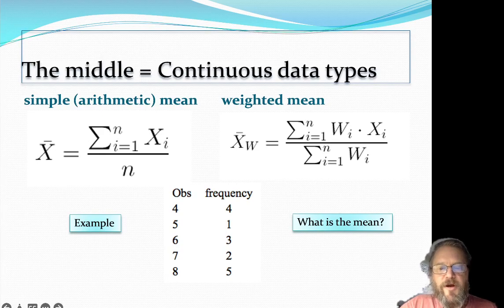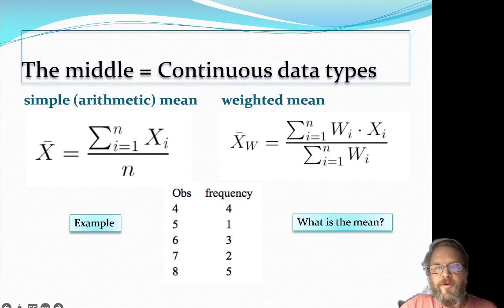Given the way I've represented the observations, it would be easier to do what's called a weighted mean, which is basically where the weight is the frequency. So that'd be 4 out of 15, right? So 4 divided by 15 times 4.